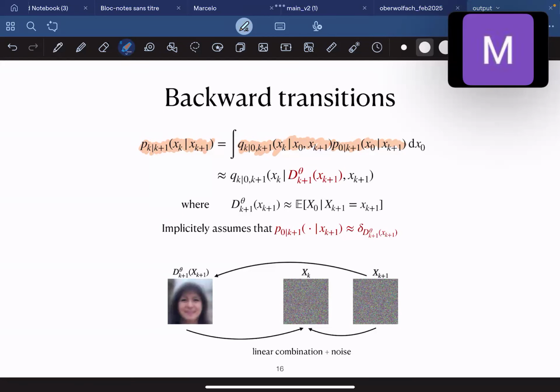The approximation you do in diffusion models just consists in replacing the conditional distribution of x0 given xk plus 1 by the Dirac mass at the denoiser applied to xk plus 1. So that's, in fact, an approximation. You can really summarize all diffusion models using this approximation. And in the method that I will present, this approximation will also be performed.